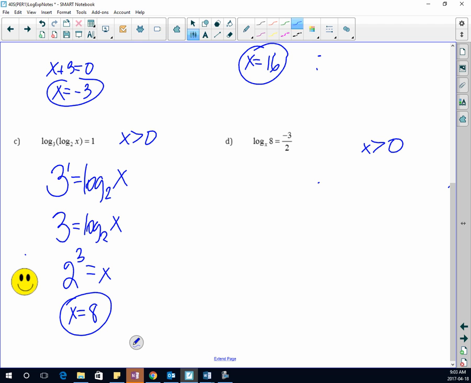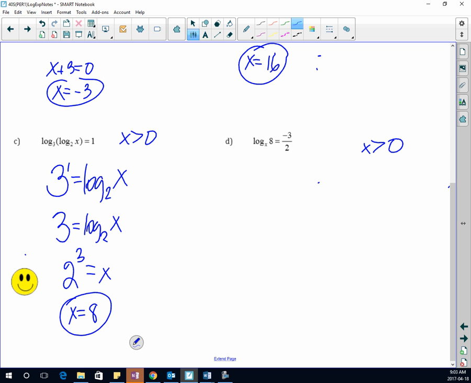By the way, depending on how I word the test, I may or may not ask for restrictions, but that should be an automatic. And even in tonight's homework, they might not ask for the restrictions. That should be an automatic, okay? Because you need to know what the restrictions are in order to reject, right?